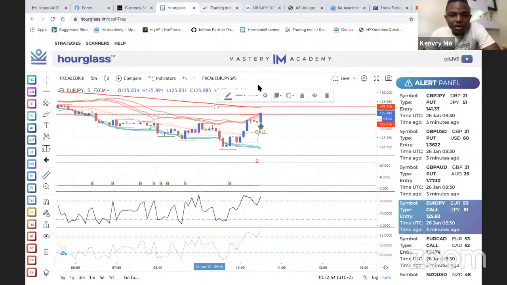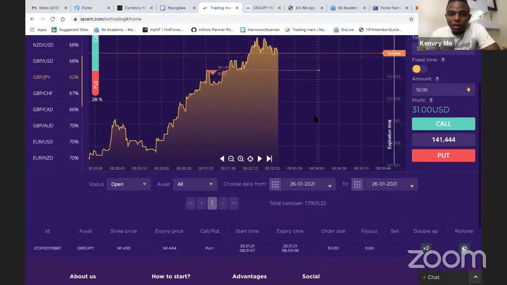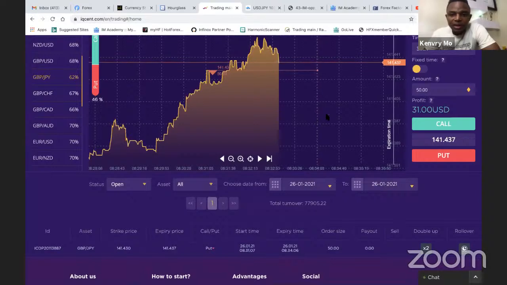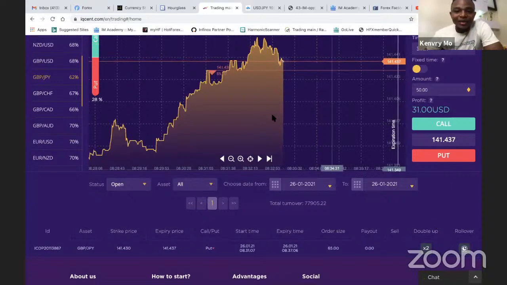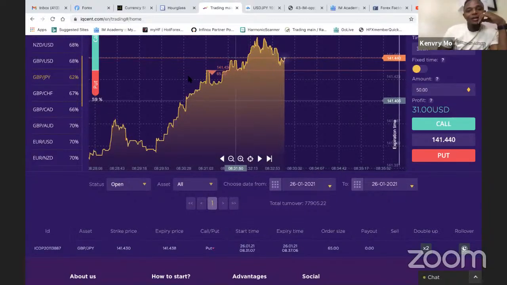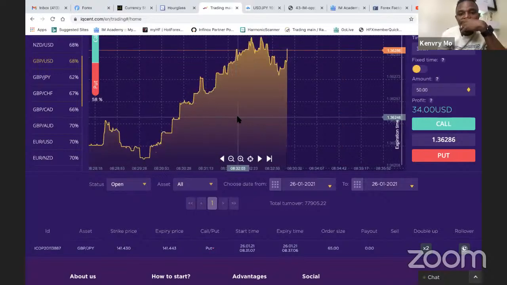What's the price of GU right now? At the close of the candle, take your EJ. Okay, at the close of the candle, I think this is still going to drop. Should I put a rollover? I'll leave it. I do rollover. GU, what price is GU?